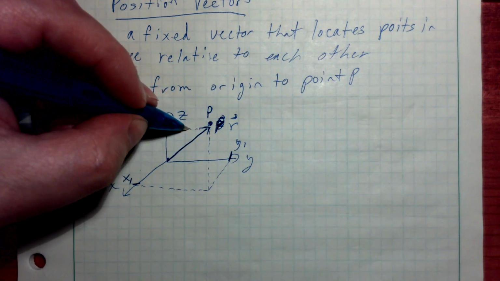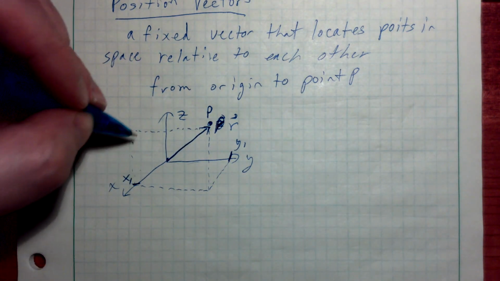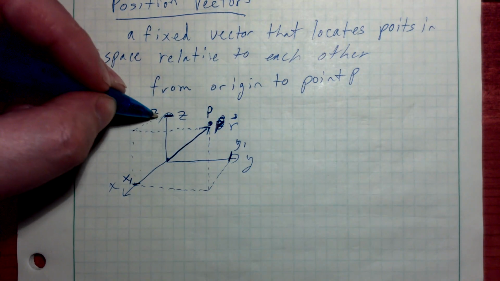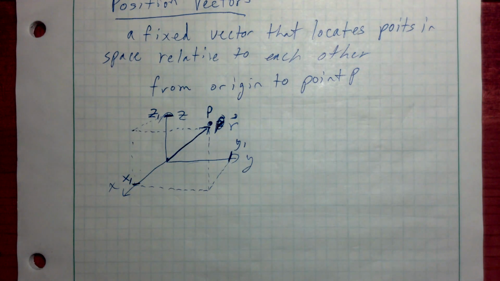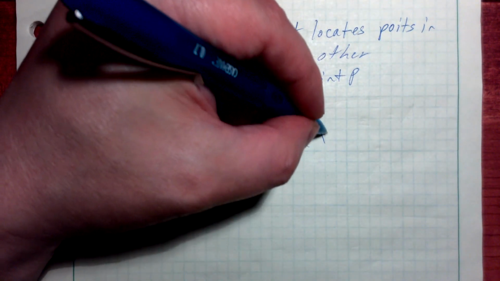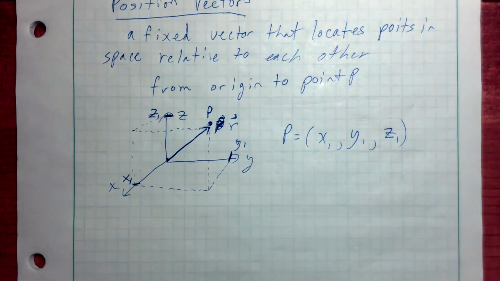If I dot here parallel to the y until I get right above the x point, then I can dot back parallel to the x-axis and find the point along the z-axis, z1, where point P lives. So what we're saying there is point P lives at the xyz coordinate x1, y1, z1.